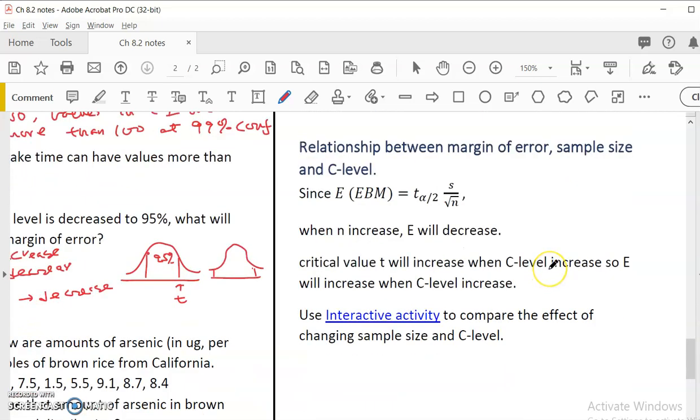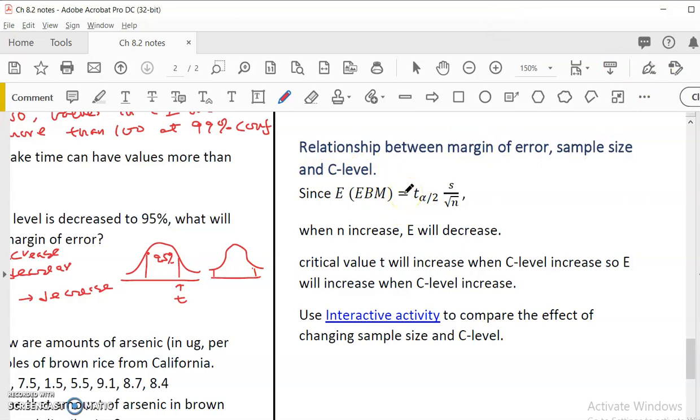Okay, so the last thing we want to talk about is, because sigma is not known, we cannot do sample size estimation. Like we cannot determine sample size for a certain margin of error. The sample size determination has to depend on sigma. So we don't have those kind of questions, but we can look at the relationship between sample size, margin of error, and confidence level.